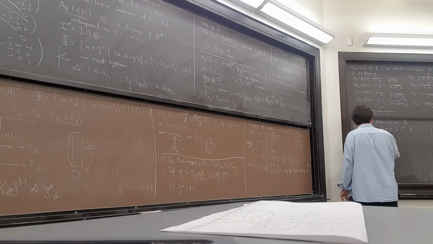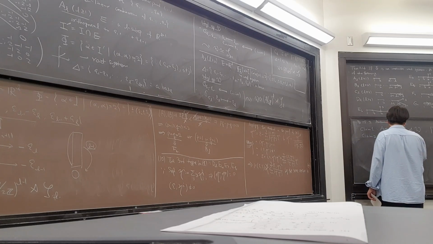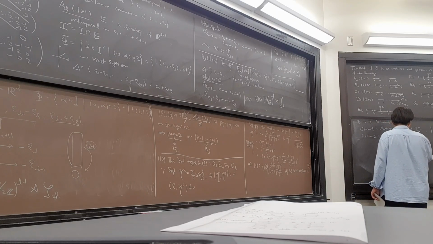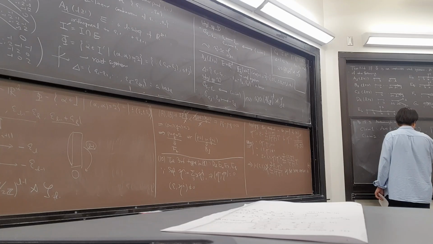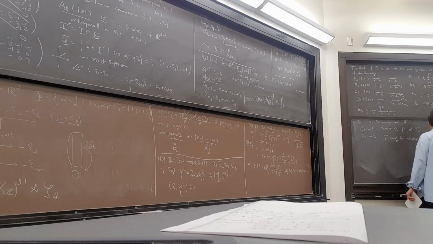The second thing is that Gamma may be identified as the automorphism group of the Dynkin diagram.